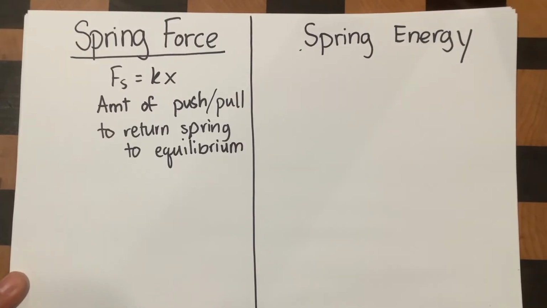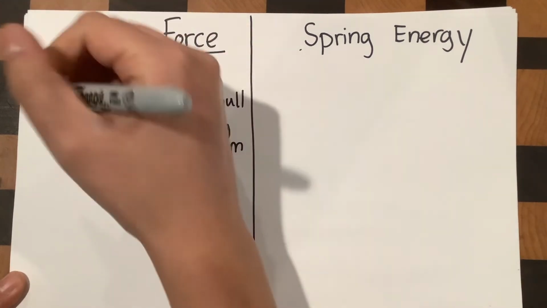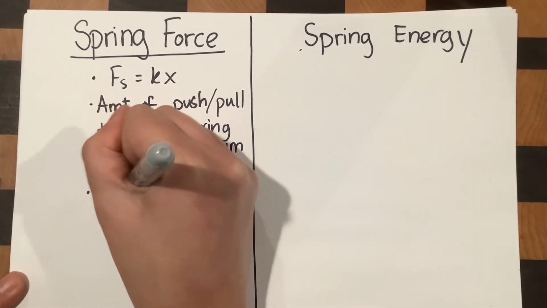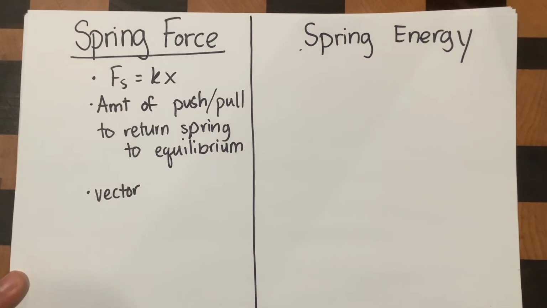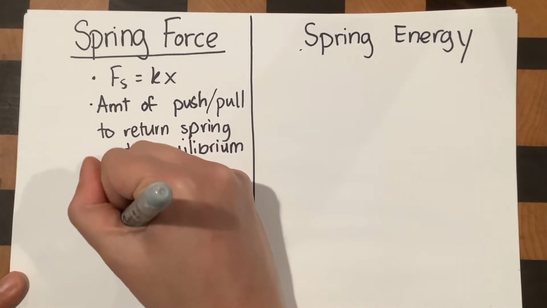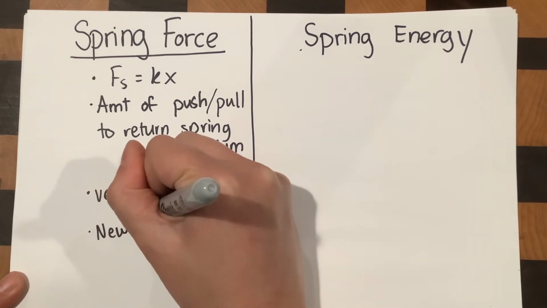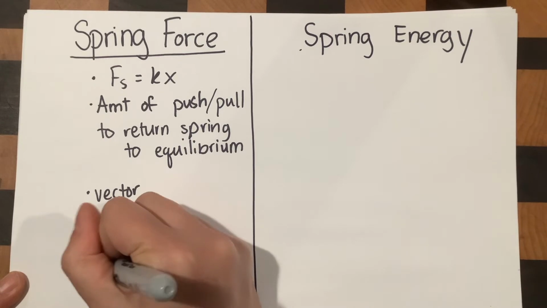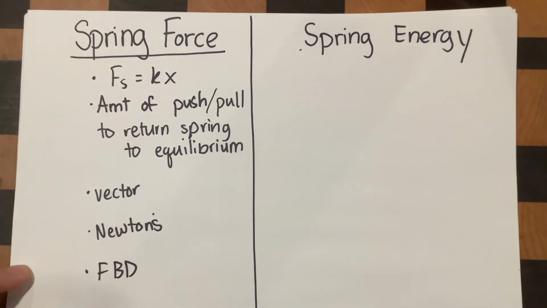Because spring force is a force, that also means that it is a vector quantity. It has direction. Sometimes the spring pulls right, sometimes the spring pulls left. Spring force would also be measured in newtons because all forces are measured in newtons. Spring force could be drawn on a free body diagram.